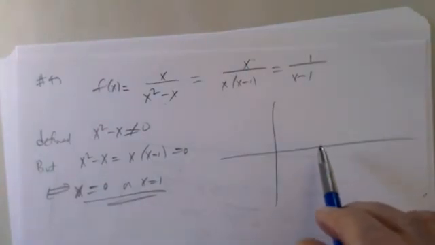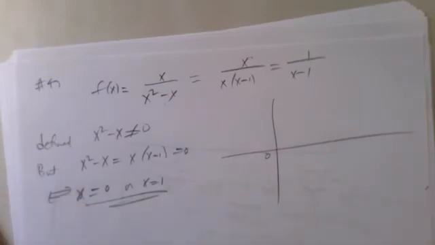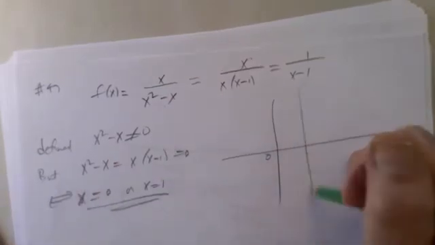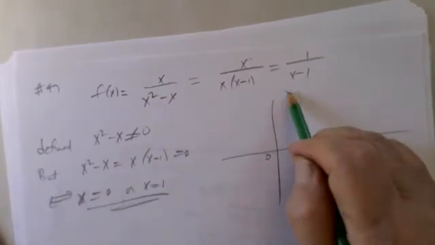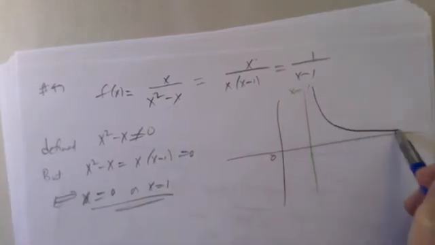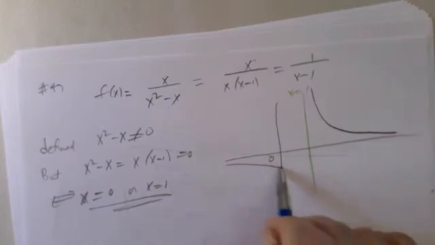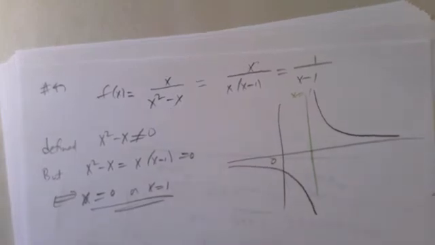So what does the graph of this function look like? If this is the vertical line, x equal 1, the graph of the function looks like that.